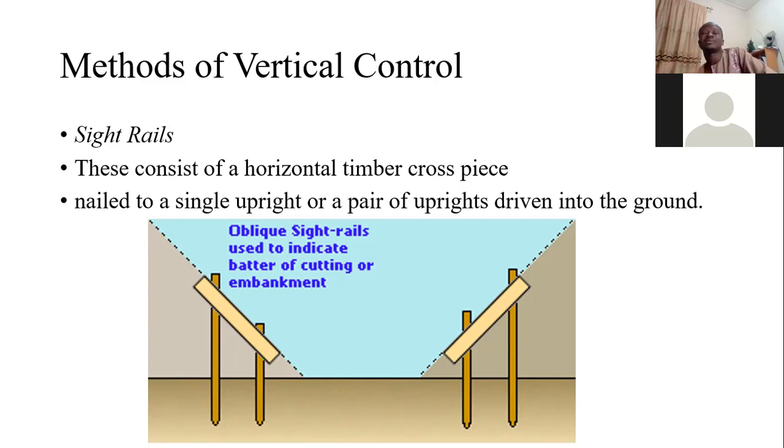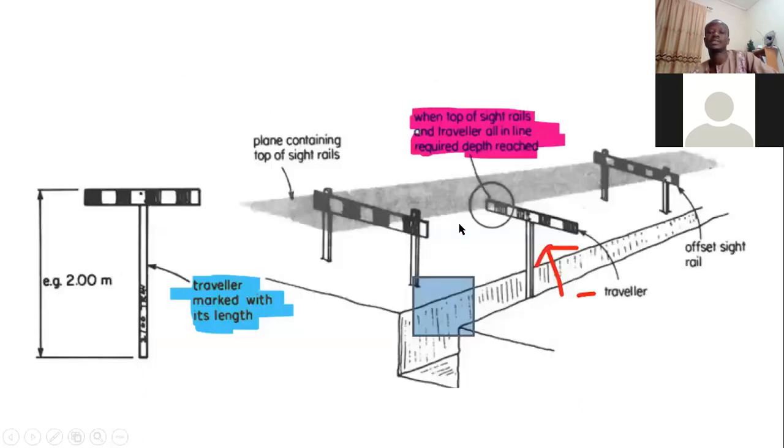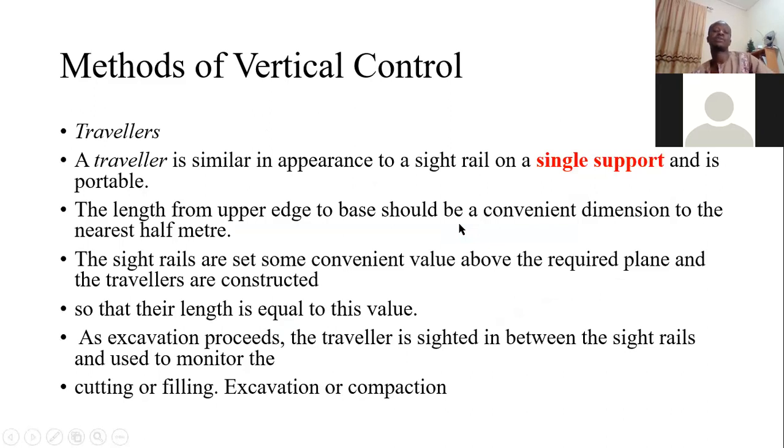But what does a side rail entail? It is simply a horizontal timber cross piece nailed to a single upright or a pair of uprights driven into the ground. The traveler is similar in appearance to a side rail on a single support.